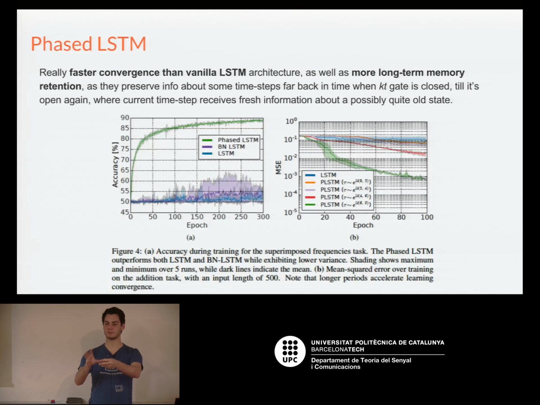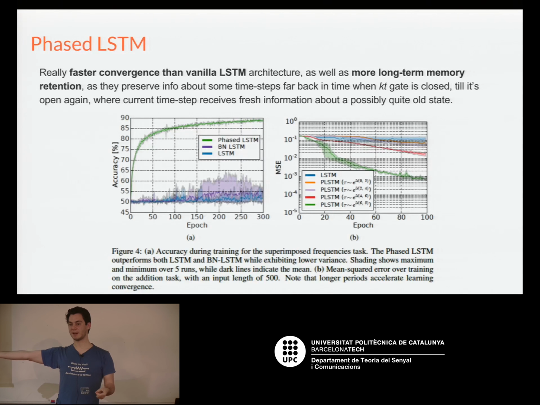Nothing's flowing in or out of that cell. 20 time steps afterwards, maybe that cell happens to be activated, which means flow goes in and flow goes out, and the cell state is modified. But when the gates open, we have a fresh copy of whatever happened 20 time steps away. So this is like freezing some time steps selectively, which the network chooses to do, and we have them intact, where in LSTM it didn't happen like that because there was nothing blocking any activity inside the cell. But here we are freezing the cell and reactivating it afterwards.